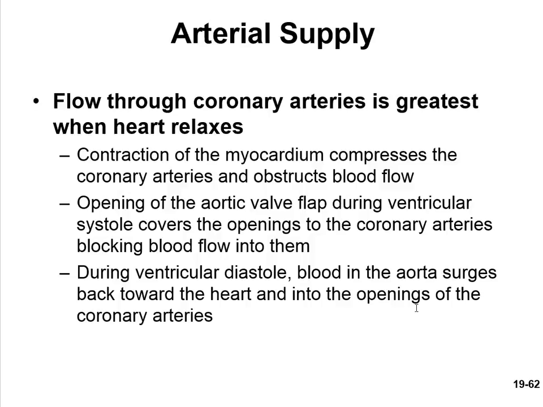The opening of the aortic valve flap during ventricular systole, which means ventricles are pumping, covers those openings to the coronary arteries and it blocks the blood flow to them. But during ventricular diastole, that means when the ventricles are relaxing, the blood in the aorta surges back towards the heart and into the openings of the coronary arteries, and the myocardial tissue then can be fed its oxygen and nutrients.